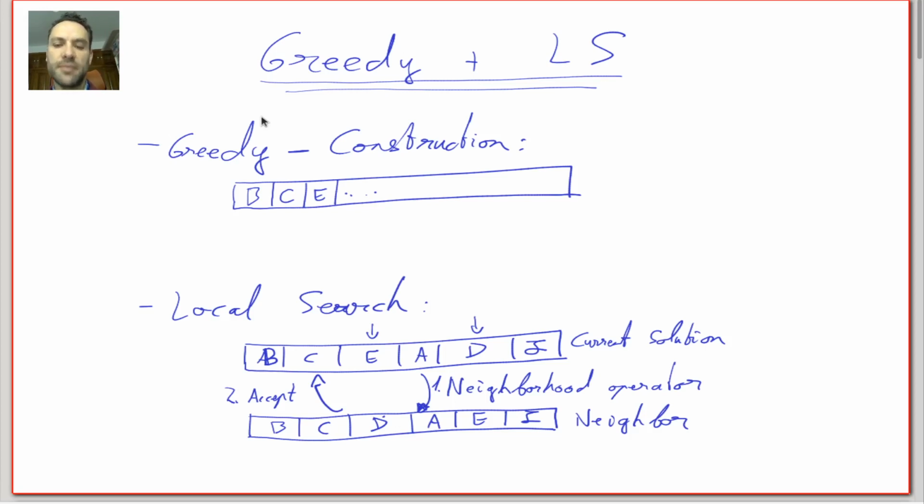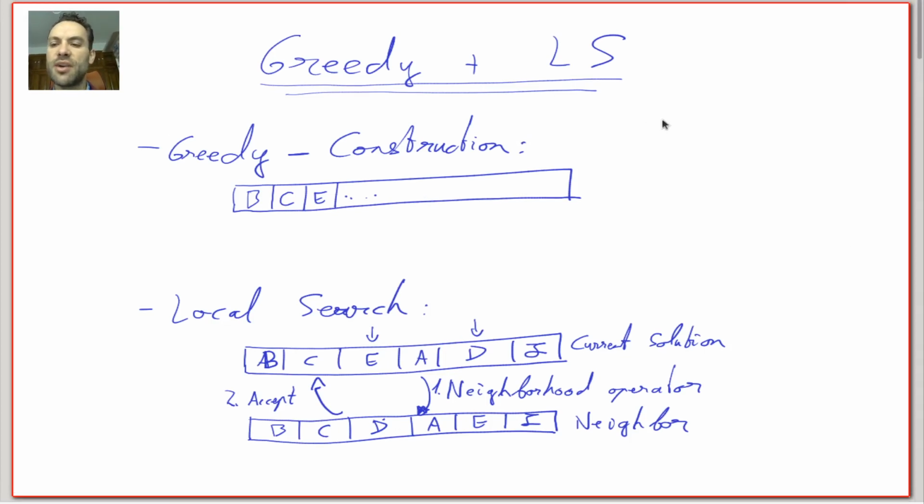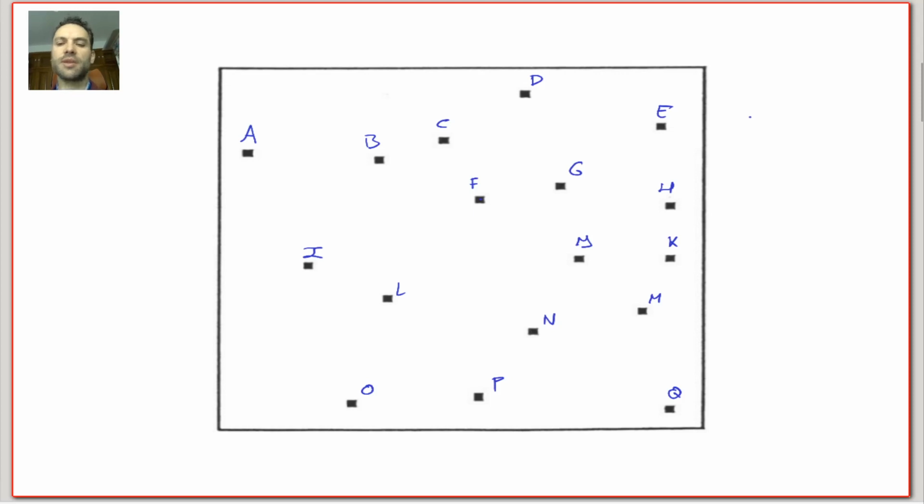This algorithm is a mixture of greedy construction and local search. The goal is that this description will be useful to understand other algorithms which are GRASP methods. So how does this greedy local search apply?